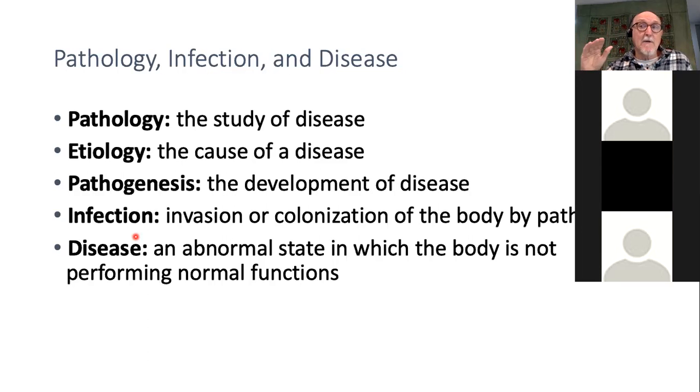You'll see exactly what I mean in a few minutes. But they afford no benefits to the host. They only cause damage. And that is the definition, essentially, of both a parasite and a pathogen. All pathogens are parasites.